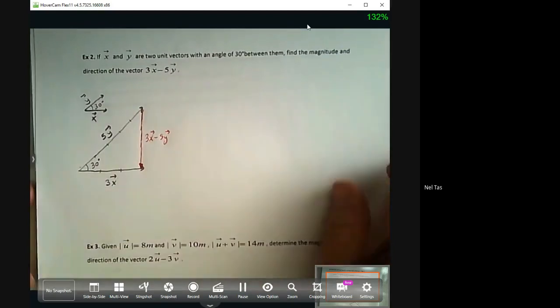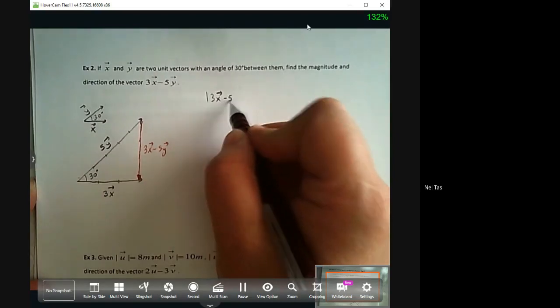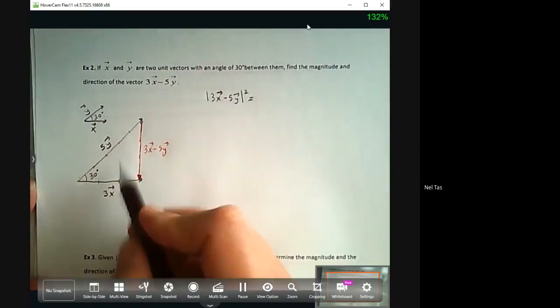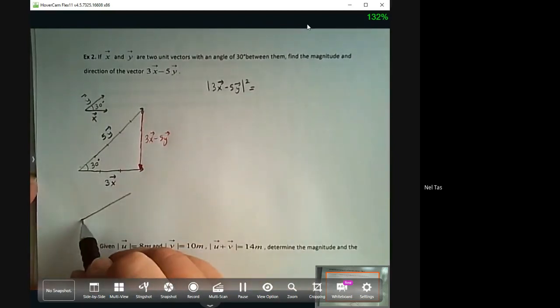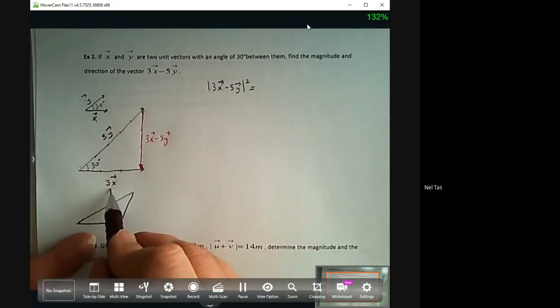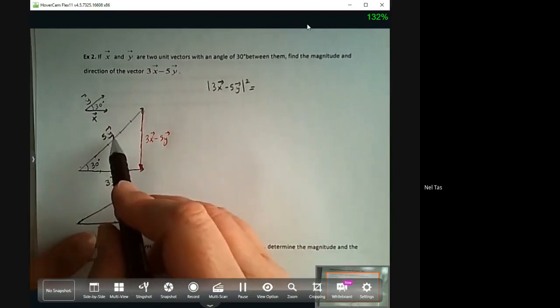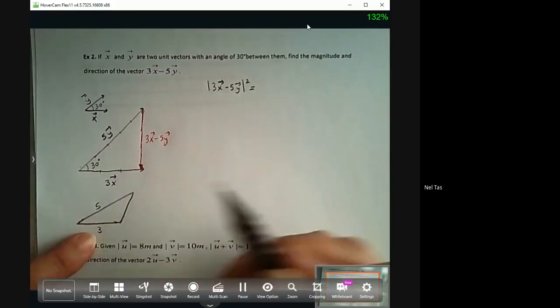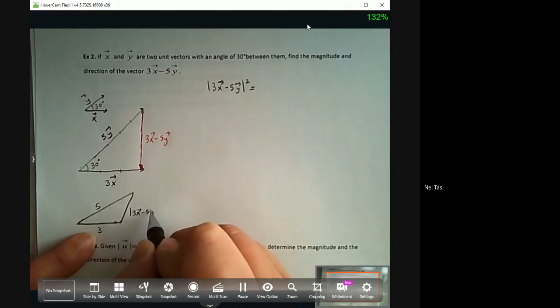Okay, so now we are going to do the calculations. So magnitude of 3x minus 5y squared. Again, we are going to use the cosine law here. Let me draw this triangle one more time. x is a unit vector, so the magnitude is 1. So 3 times 1, this side is going to be 3 units. Again, y is a unit vector, so its magnitude is 1 multiplied by 5. So this side is 5 units. And this is the magnitude of 3x minus 5y.